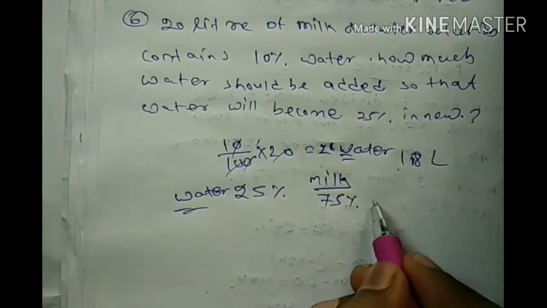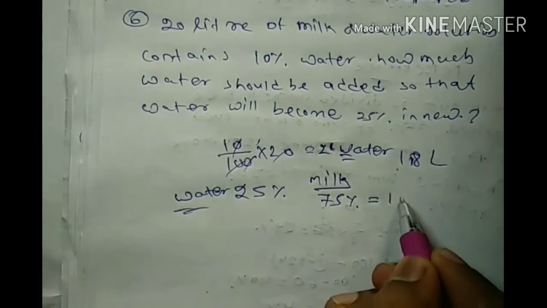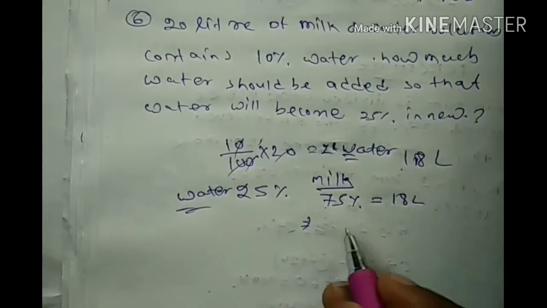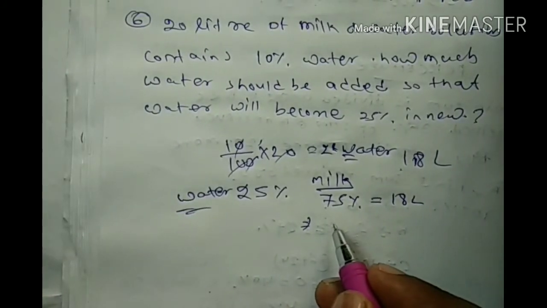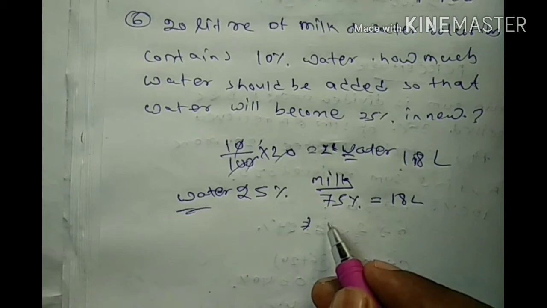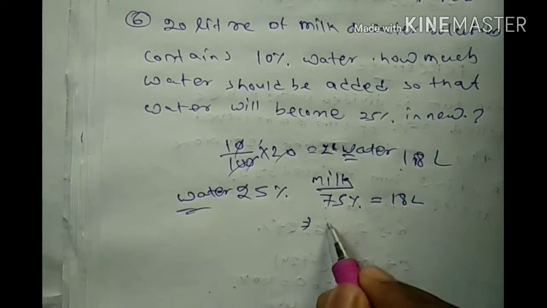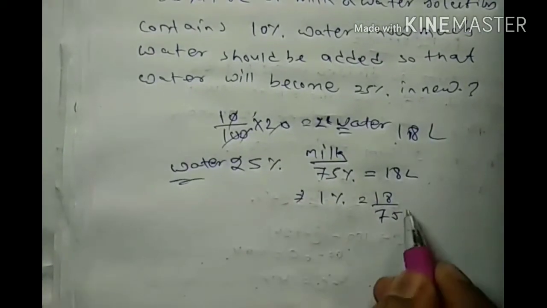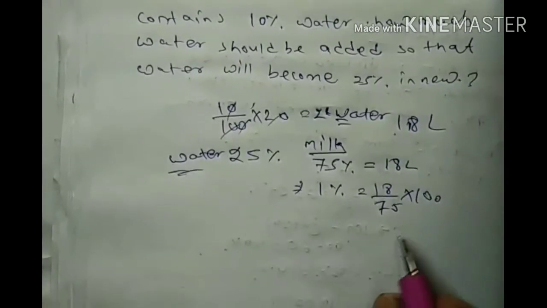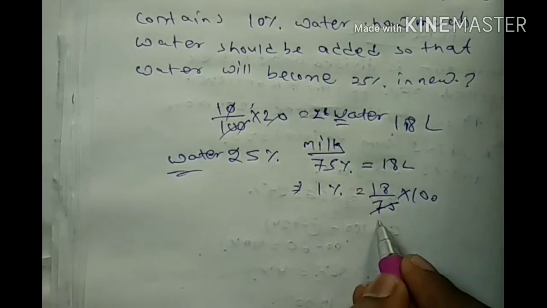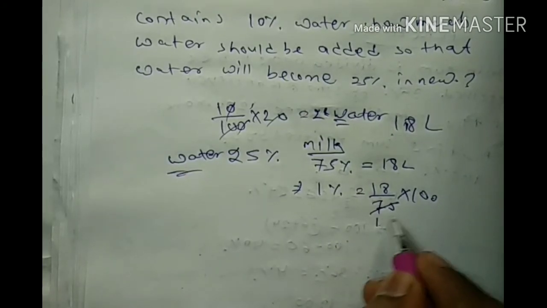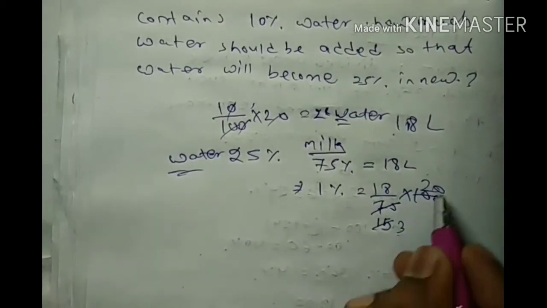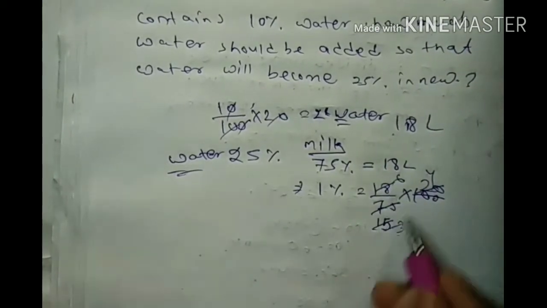So 75% of the solution is milk, which is 18 liters. So we have to find 100%. Then we can calculate how much water we add. So 1% is 18 by 75. 100% means multiplying by 100.